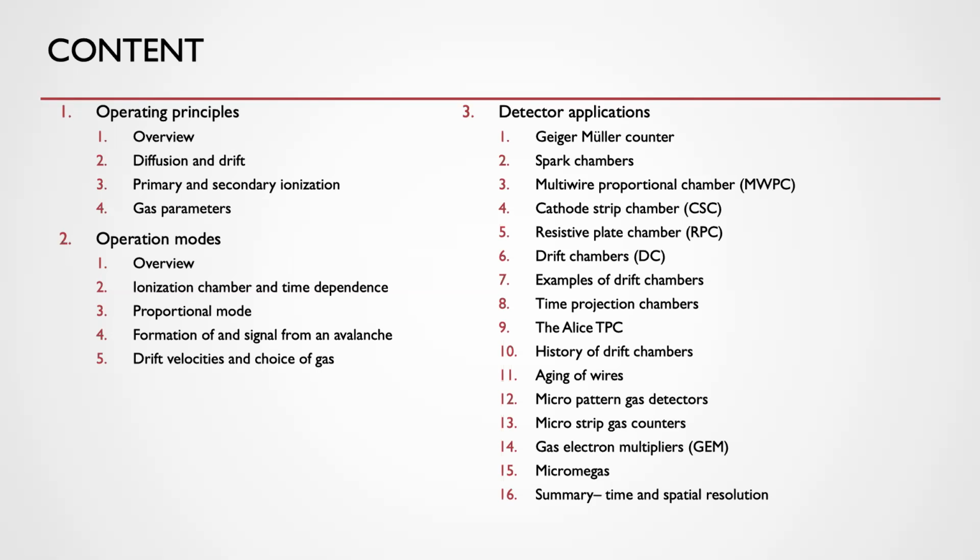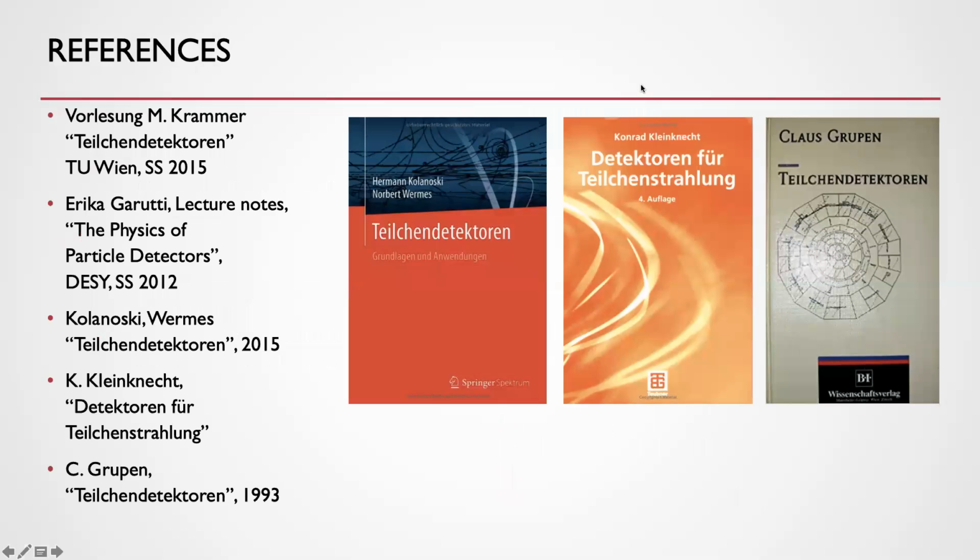We can have amplifying modes that are proportional to the incident signal, or we can have an amplification that's so strong that it actually plateaus and we are operating the gaseous detector in counting mode. And at the end, all these different ingenious ideas lead to a large array of detector applications of varying utility.